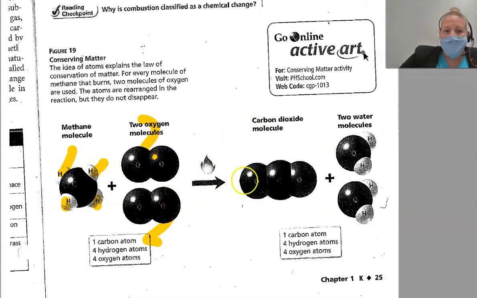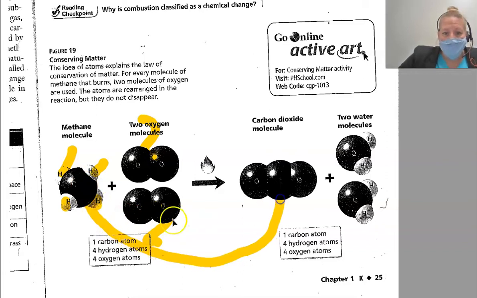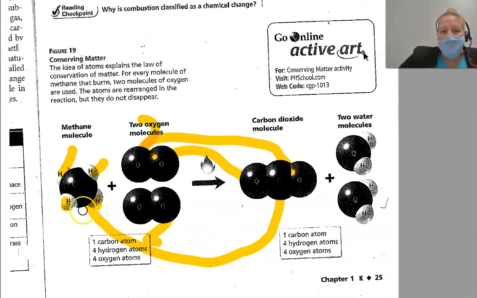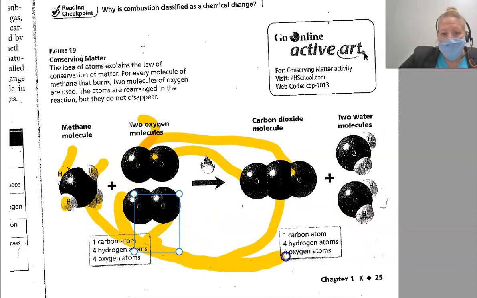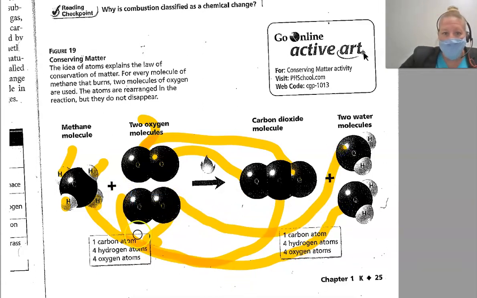Okay, so if you will notice, carbon dioxide. Our carbon comes here, and this is our 1 oxygen and 1 oxygen. Now we have an oxygen. So this oxygen comes here. This oxygen comes here.